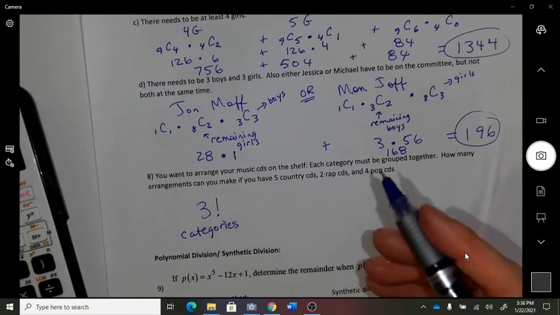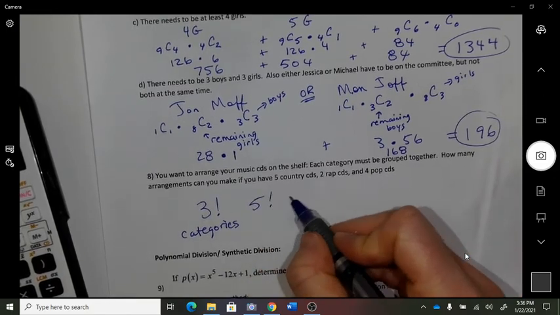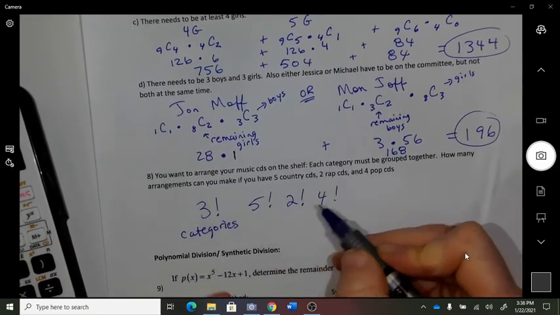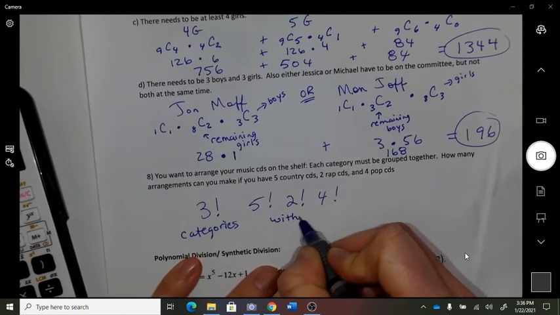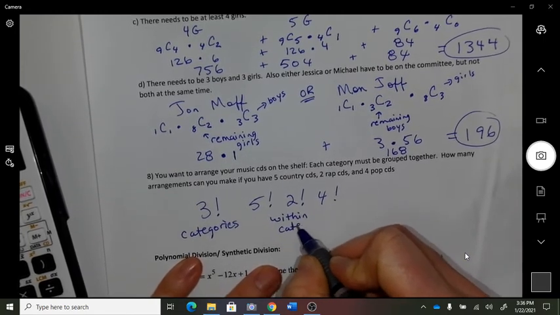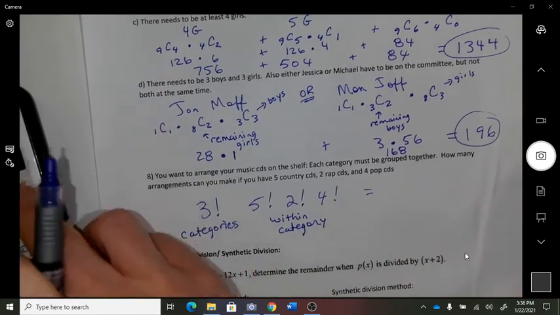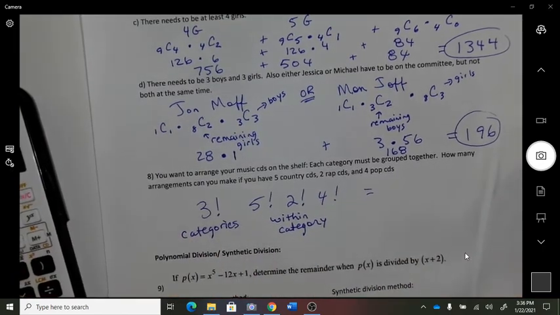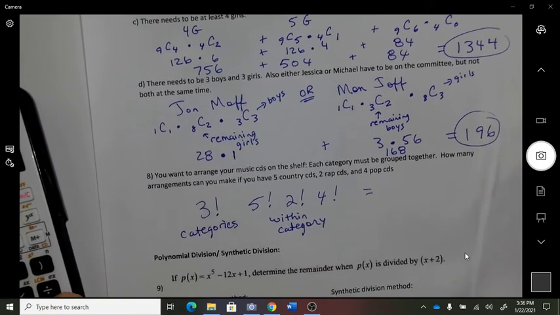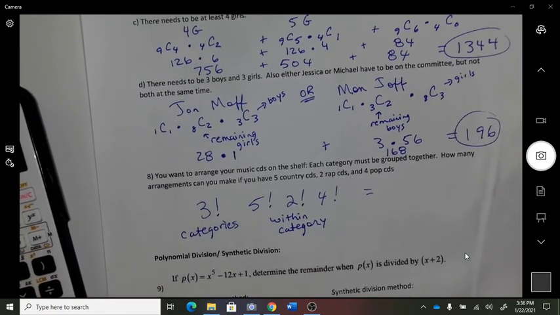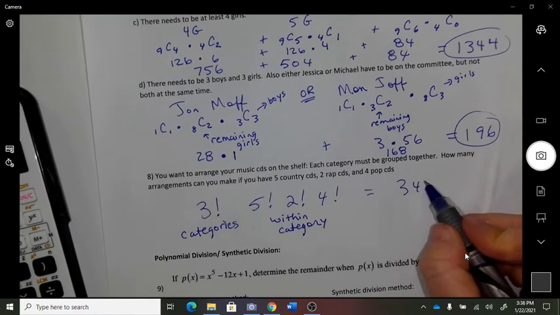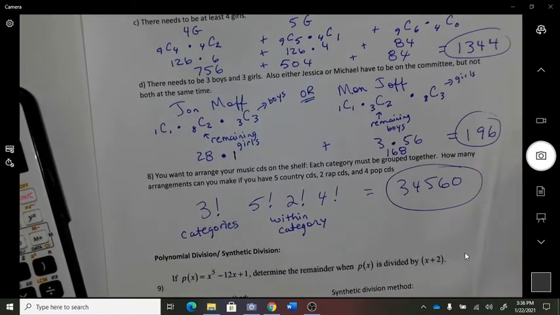You're arranging that. And then within the category, you can be moving those around. So you have to times those all together. And there you go.